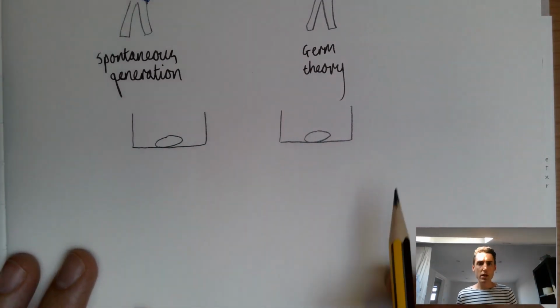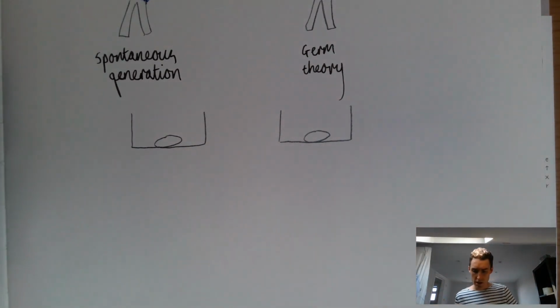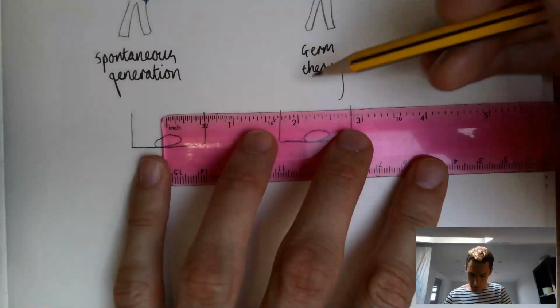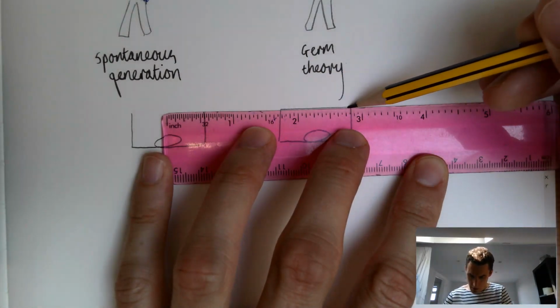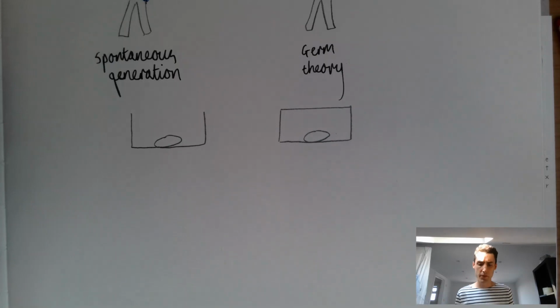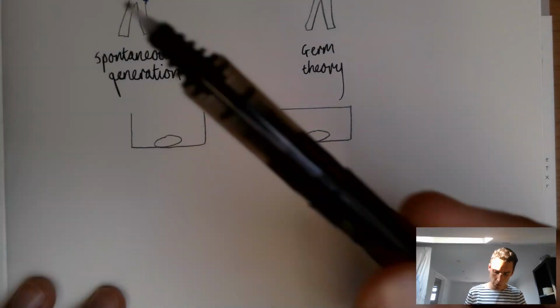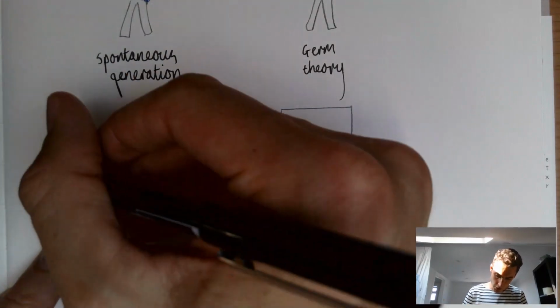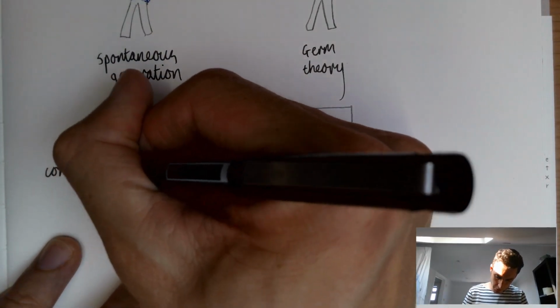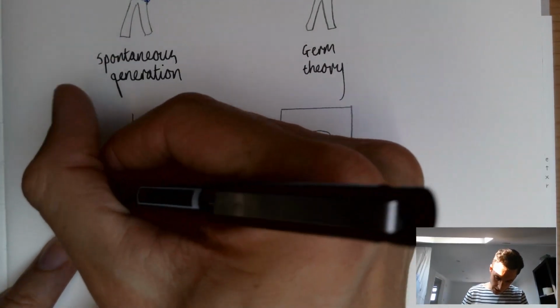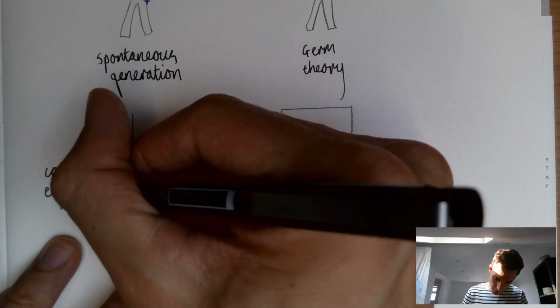And what he did was, with one of these pieces of meat, he put the lid on the box, and with the other, he left the lid off. And it's important that he did this, and you can draw students' attention to this. This is what we would call a control experiment, because what he's really interested in is what's happening inside the second box.